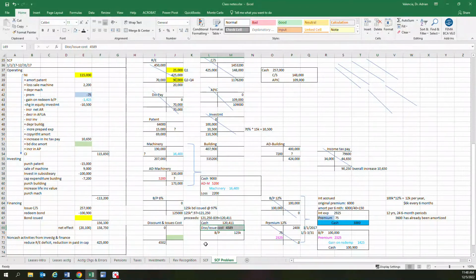But do understand that since this is selling between interest payment dates, you're going to collect ahead of time part of the interest from the investor. And that part of the interest is going to be 3 months worth. Okay, and if you don't remember why, go back to your studying on issuing bonds between interest payment dates. So this is $2,500.